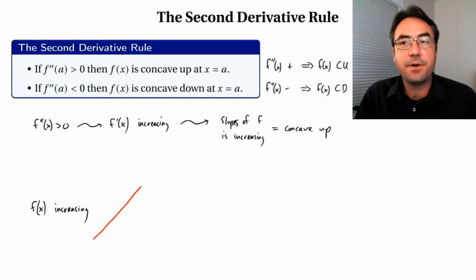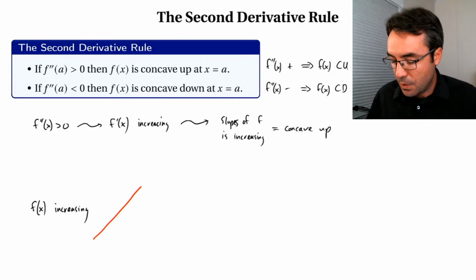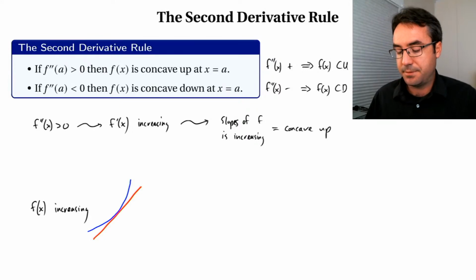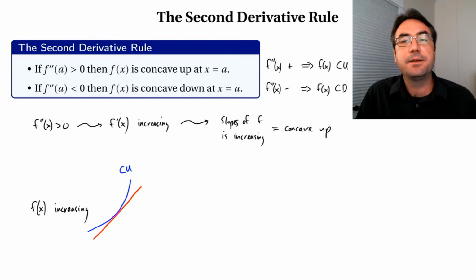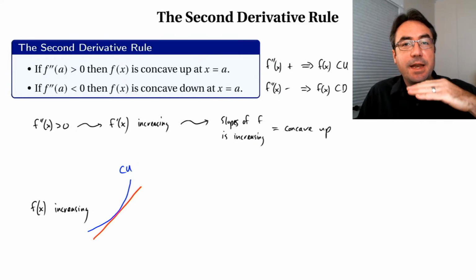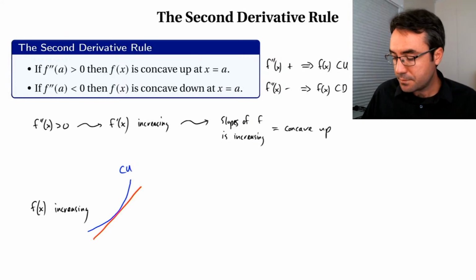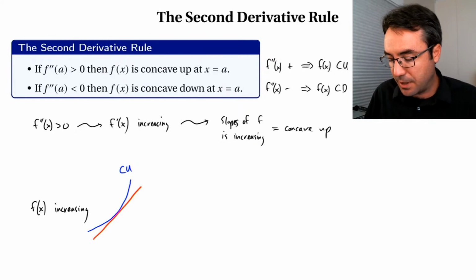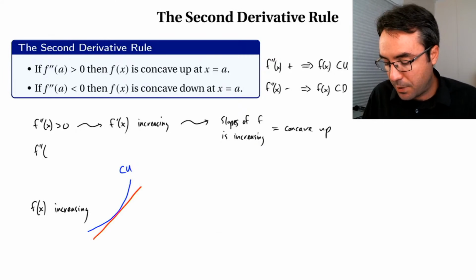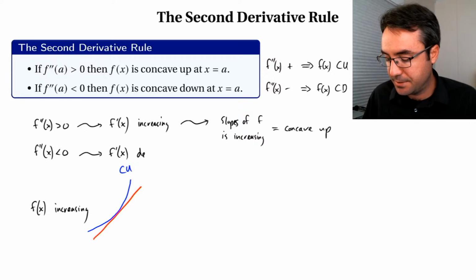And if our function is concave up, what it's doing is it has an upward bend to it. So this is what an increasing function that's concave up might look like. It has our tangent line, which is increasing, and then it has an upward bend to it. If f is concave down, what does that look like? If f double prime is negative, that means f prime is decreasing.